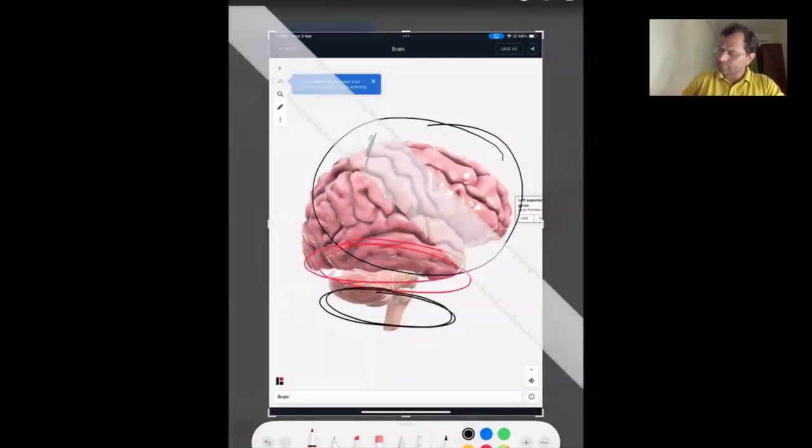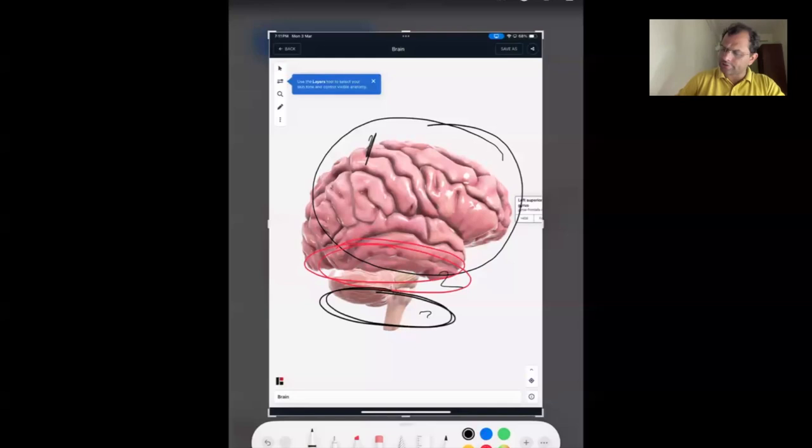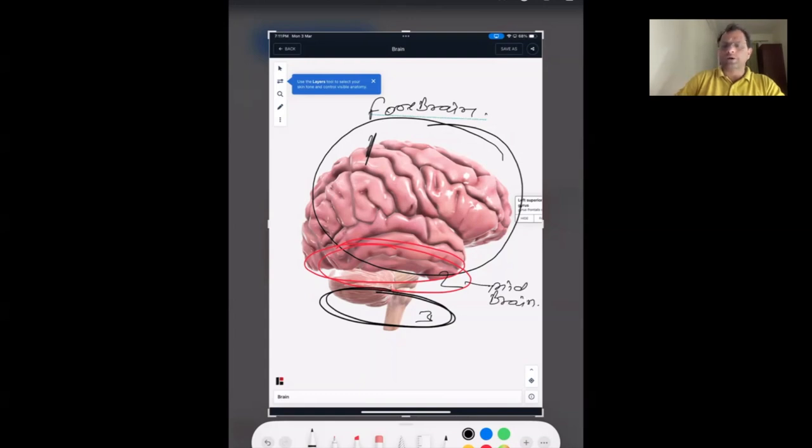One, two, and three. So we are calling it forebrain. Then we can call it midbrain, and we can call it hindbrain.